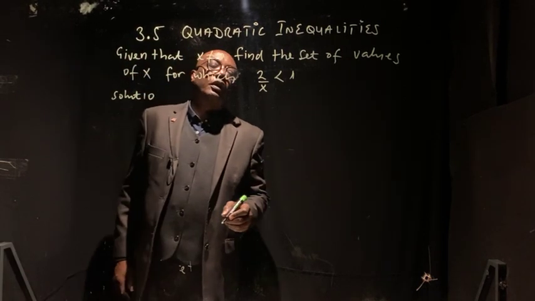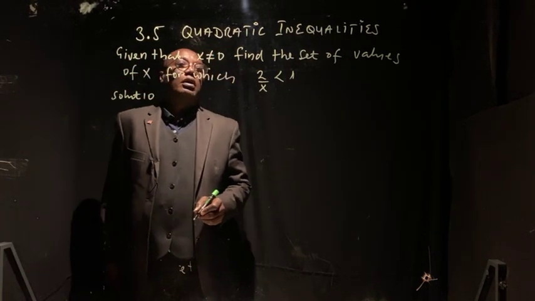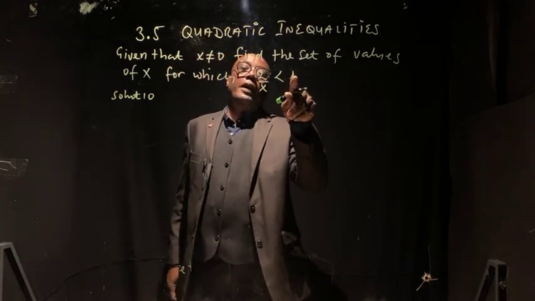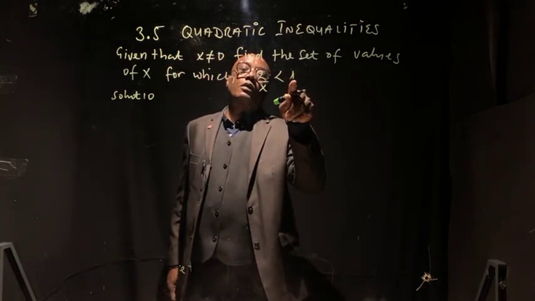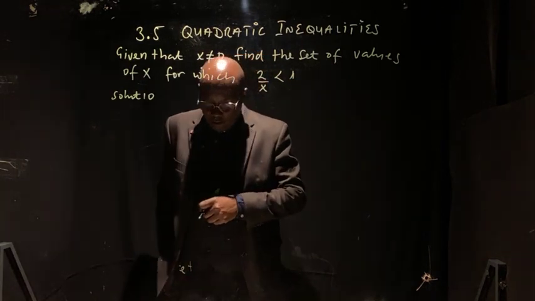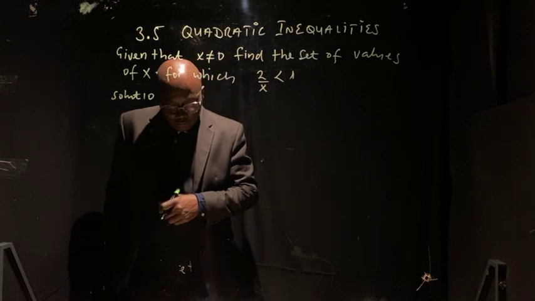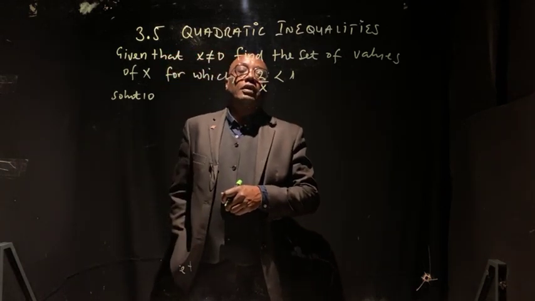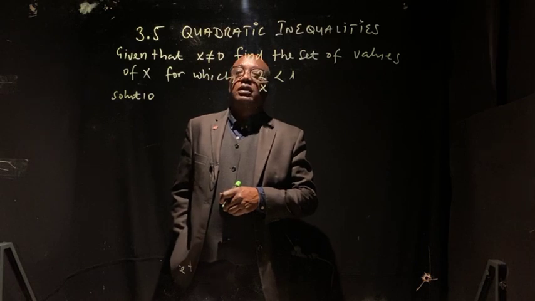A student may think he can multiply both sides by x in order to find the value of x. That would be a grievous mistake, because you would lose at least one value of x.